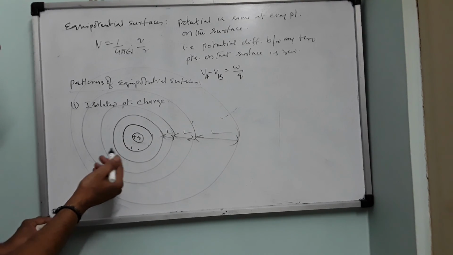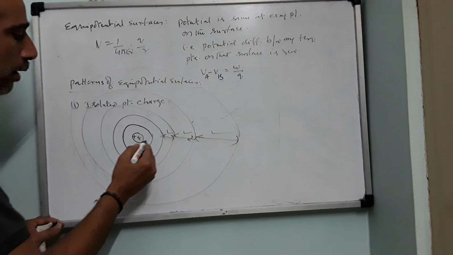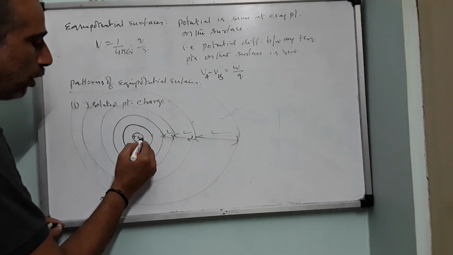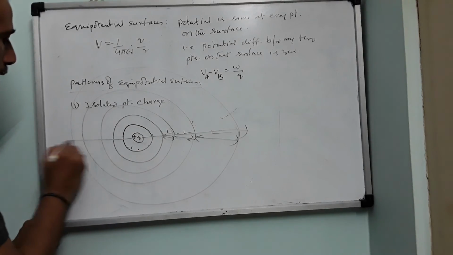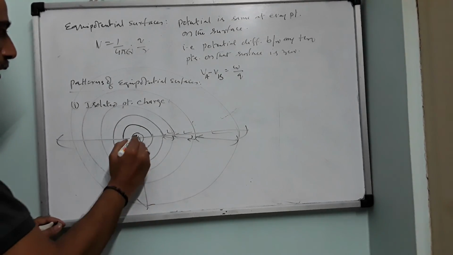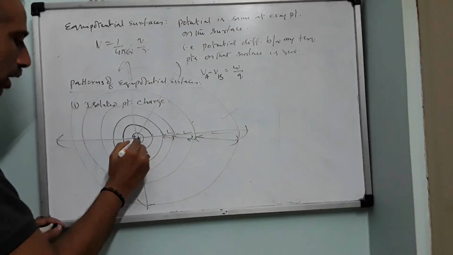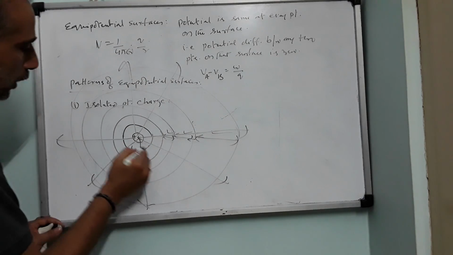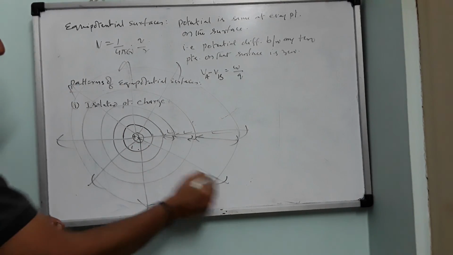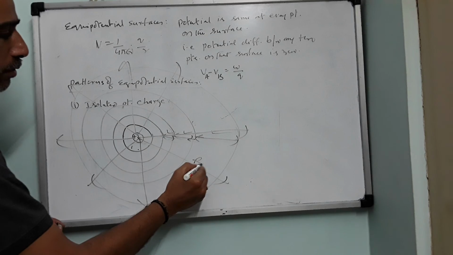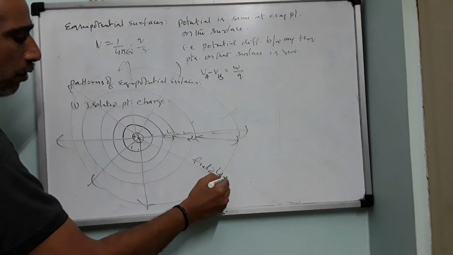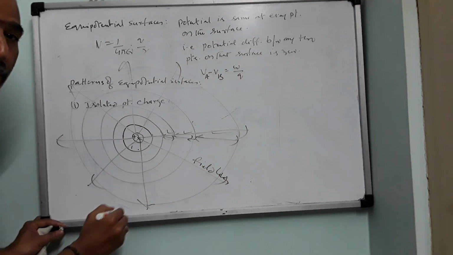Even if you draw electric field lines, what will happen? The electric field lines for plus Q are radially outwards, like this, like this, like this. What are these arrows I have written? Field lines. What are the circles? Equipotential surfaces.